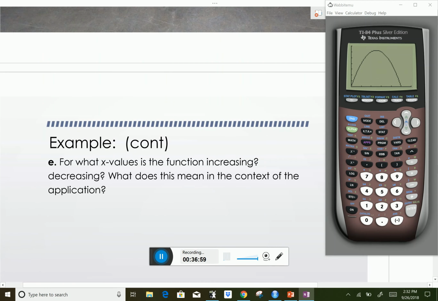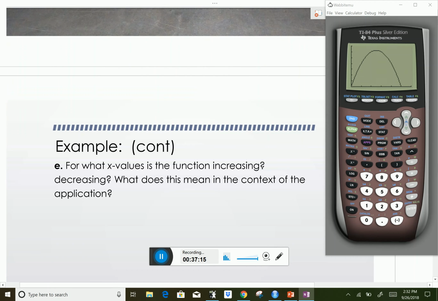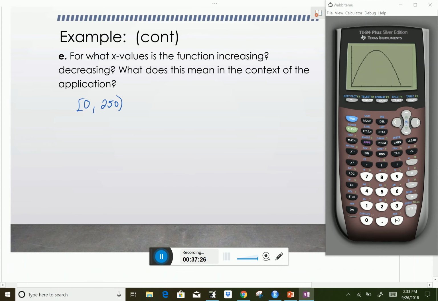So I'm increasing, if you can see, from x equals 0, well, even below that, but that doesn't make much sense because I can't sell less than 0 product anyway. From x equals 0 up to 250. But at 250 I'm not increasing, I'm staying the same.